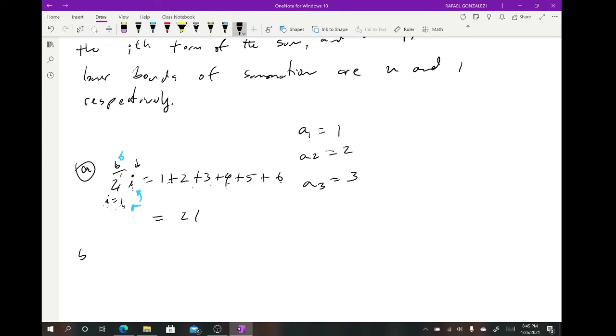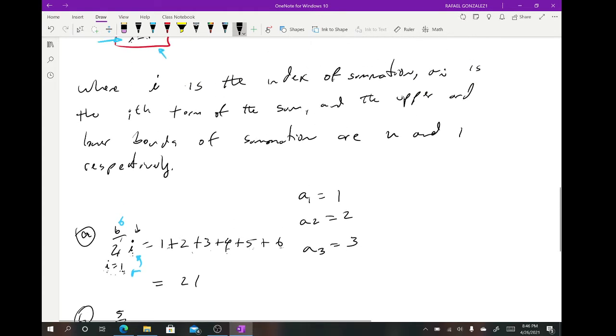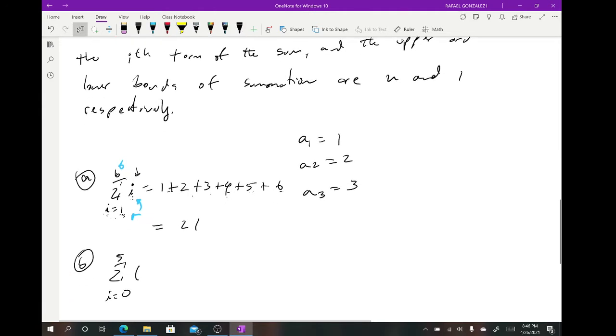Okay, so let's do another one. What if the count now began at 0 and went up to 5 instead of 6? And let's say the ith term is given by i plus 1.